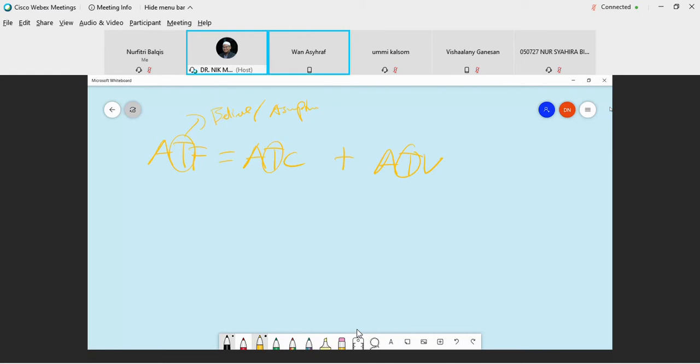Non-theory approach dengan theoretical approach. Yes, you kena ada some basic information in order to get data. Either you are going to have a non-theoretical approach or a theoretical approach.